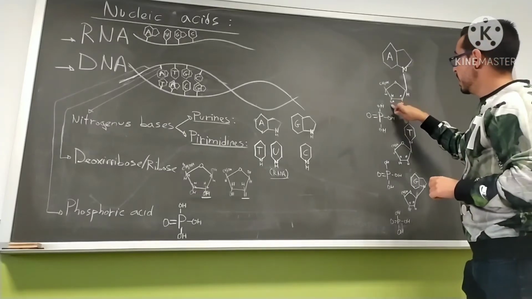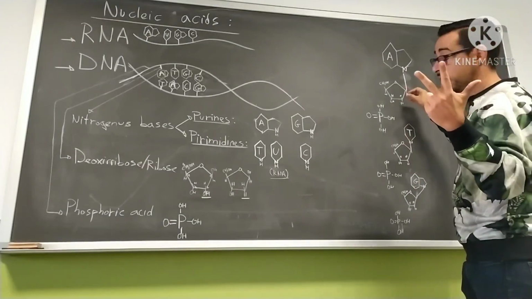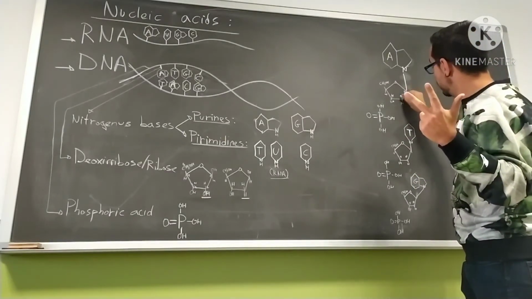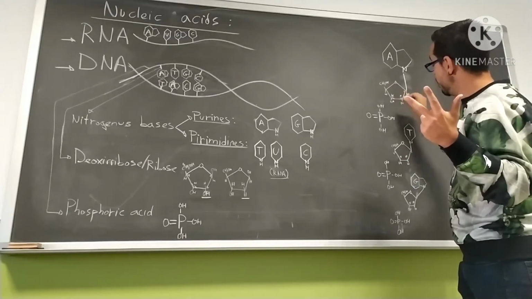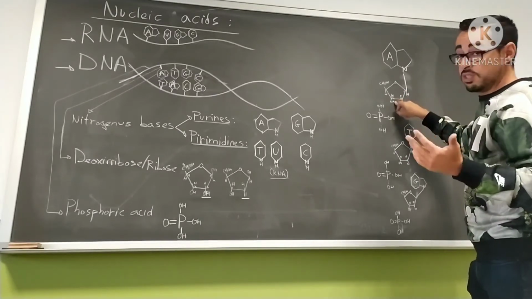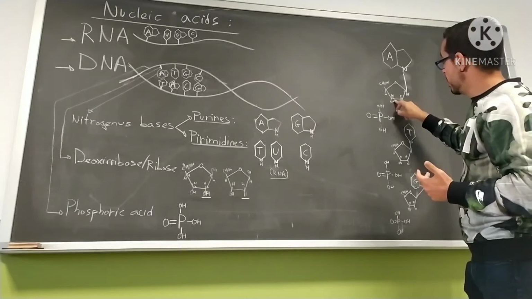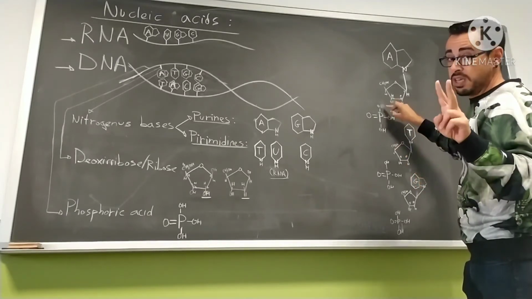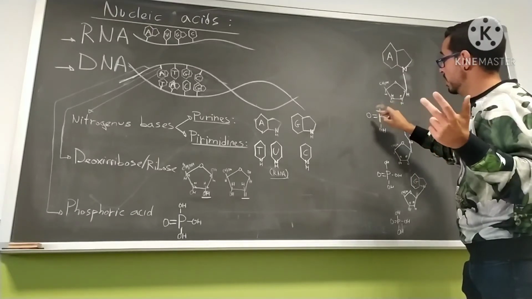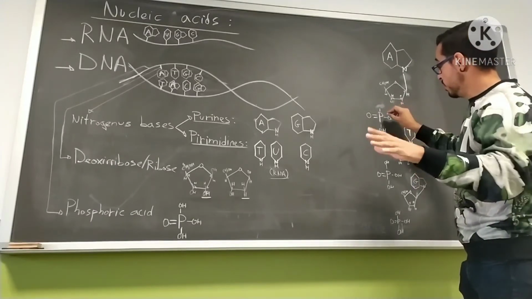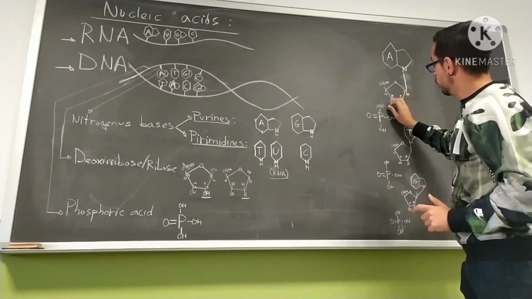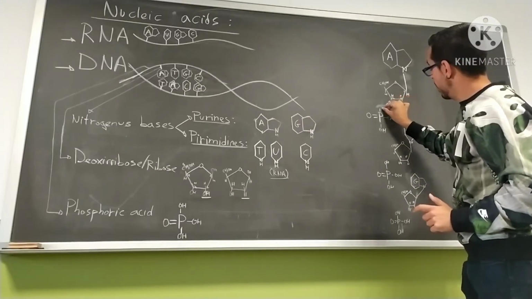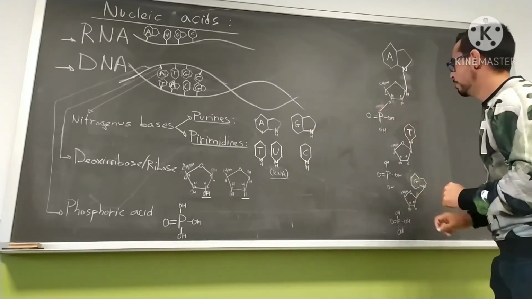And in this case, in the third carbon, this is the first one, the second, and the third, water is going to be released. We take this hydrogen, these hydrogens, H2, and the oxygen, H2O. We release water, and it's going to be bonded. This oxygen is here, like this.